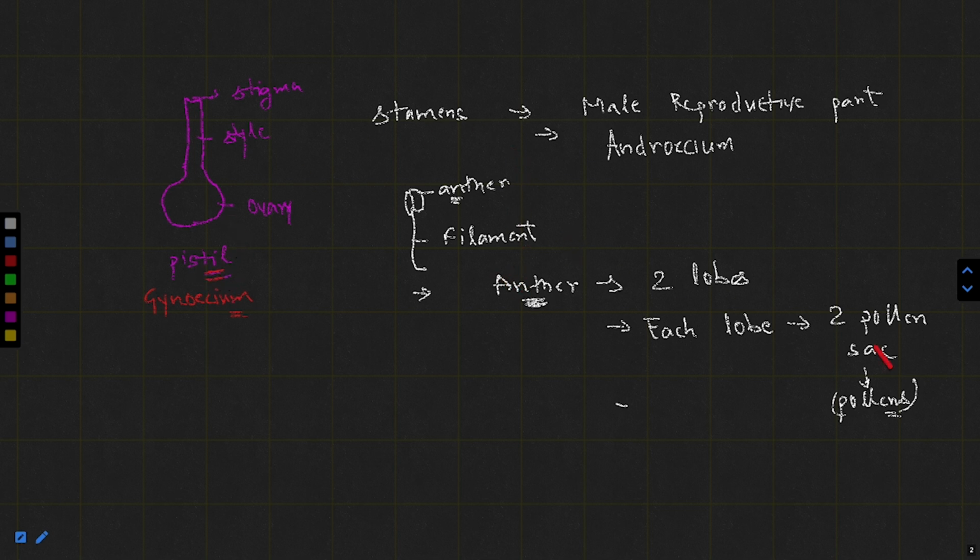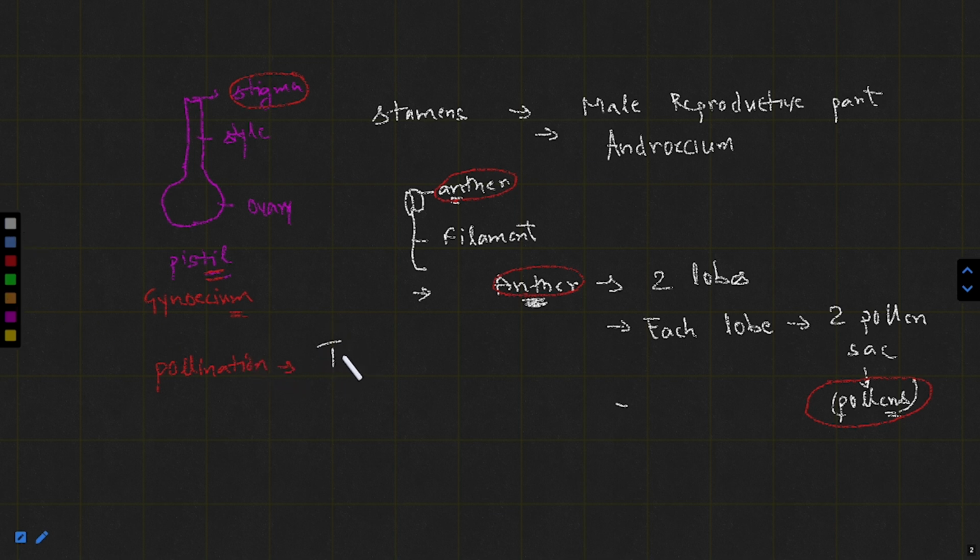So the transfer of the pollens from the anthers to the stigma is known as pollination. Clear? Now how can we define pollination?